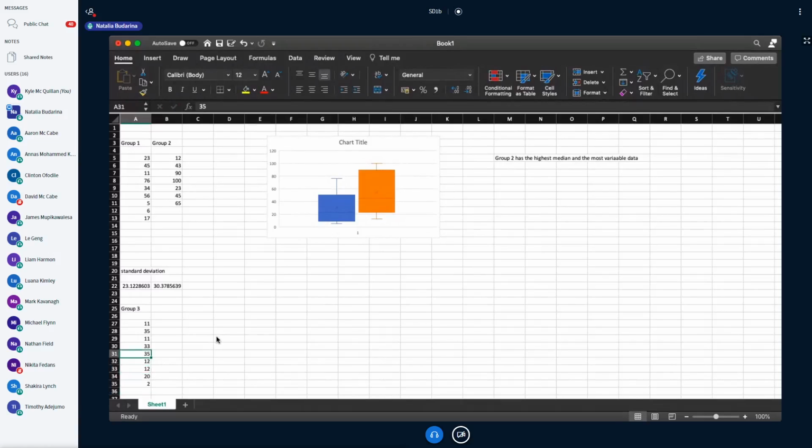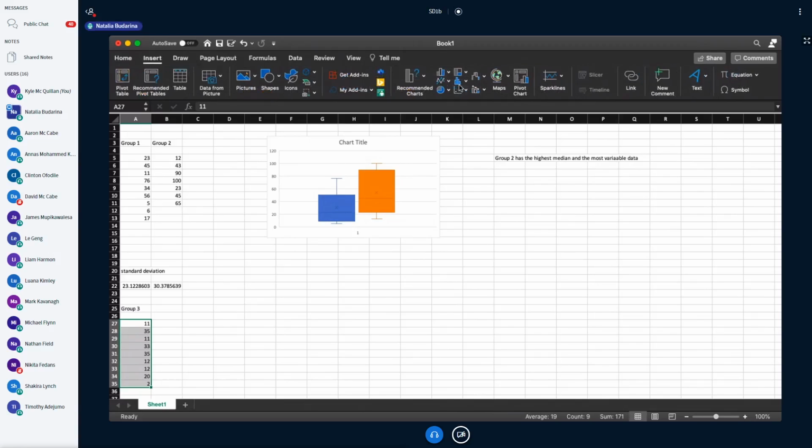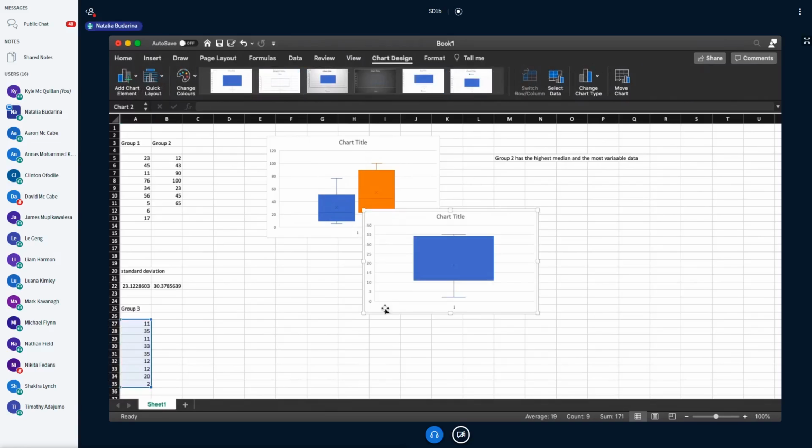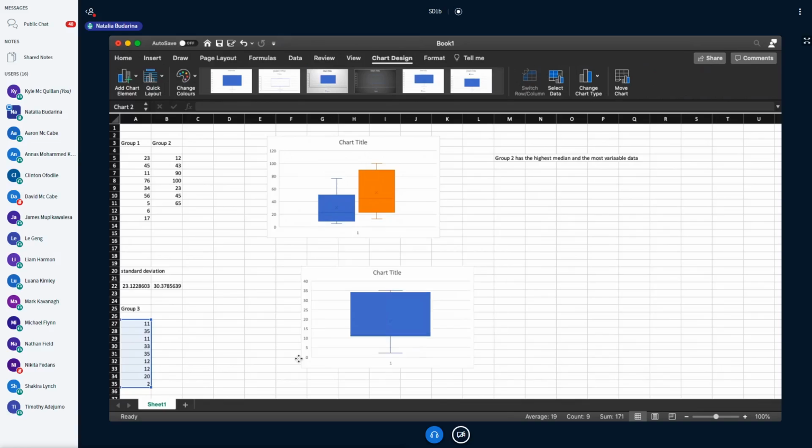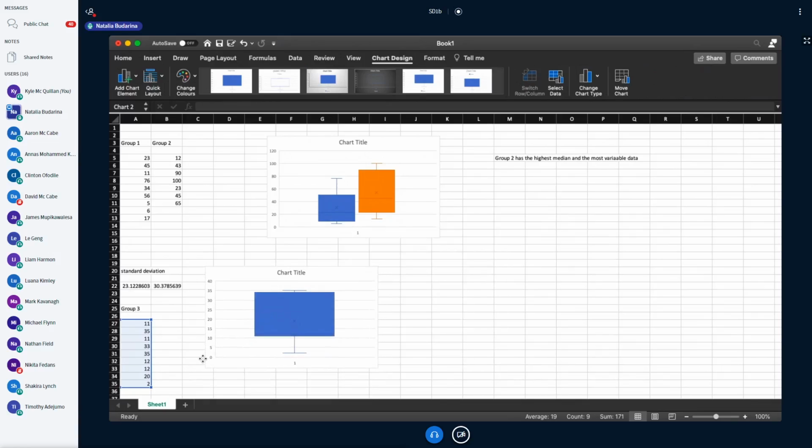To do the box plot, I need to use the original data. Then next will be the box plot. Go to the original data, then Insert, going for your graphs, box and whisker. And this is my box plot of the original data.